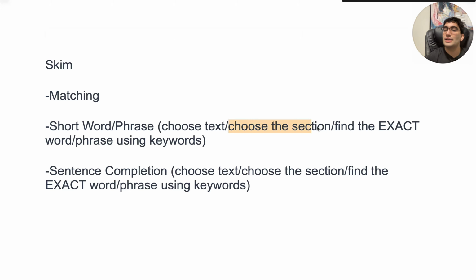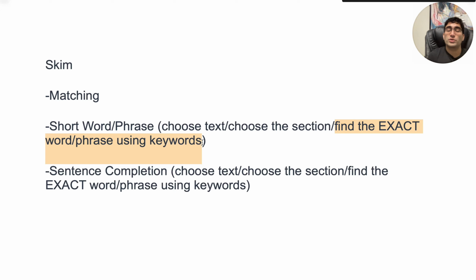Then you choose the section. So in which paragraph is the most likely to have that sentence or the answer to that sentence? You choose that section. Now that your options are so narrowed down, you find the exact word or phrase. You cannot change words or phrases. You cannot change tenses.